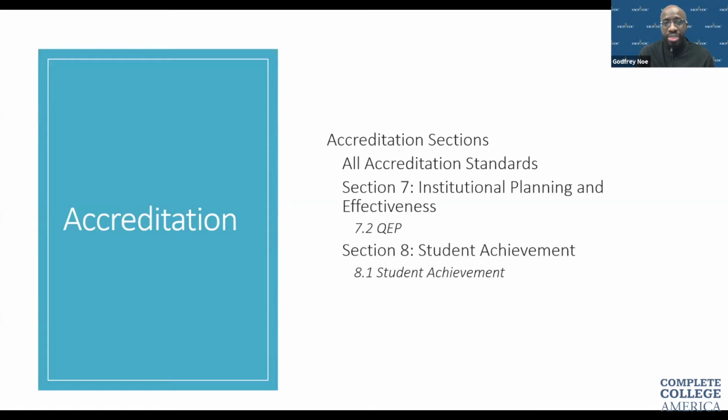Complete College America said in one of their flyers, something to the effect of, when you don't have time to make a bad decision. And we all know the pressures on us now with the pandemic, with so much going on, so many challenges. It's really important to be very, very precise in decision making. And so it will really help with 7.2.